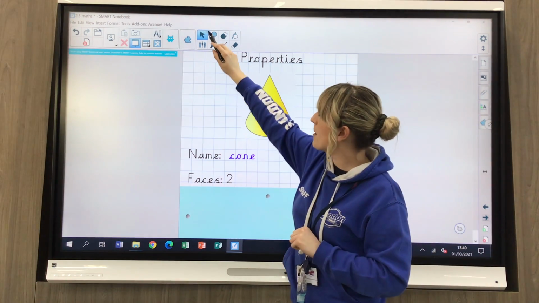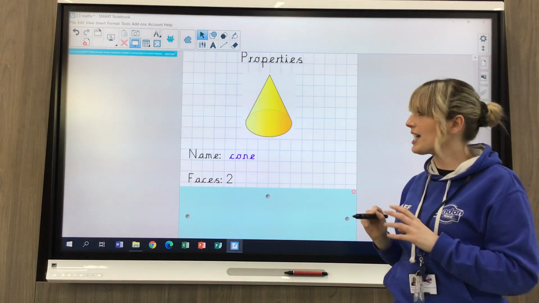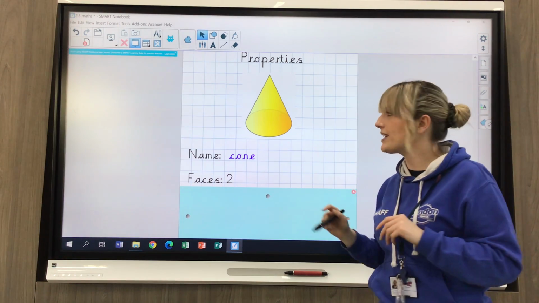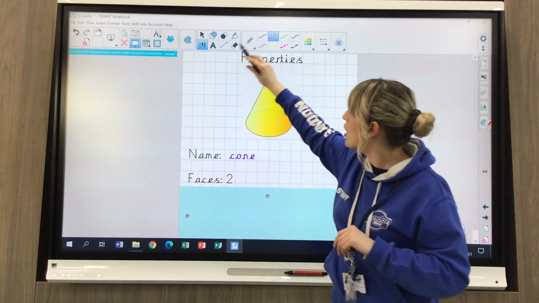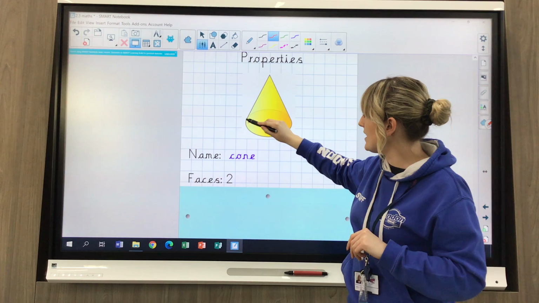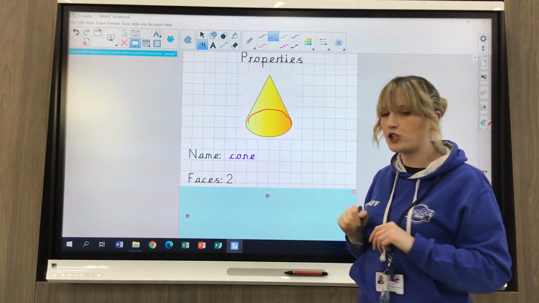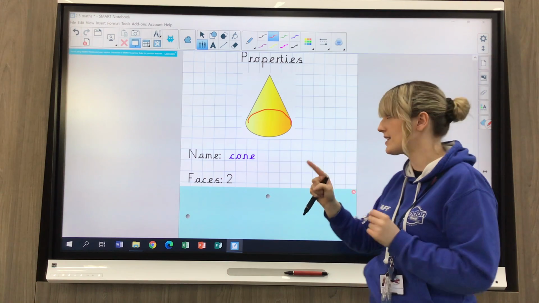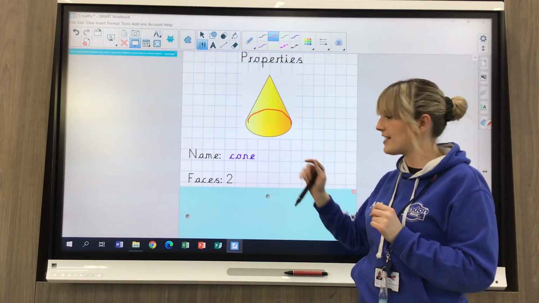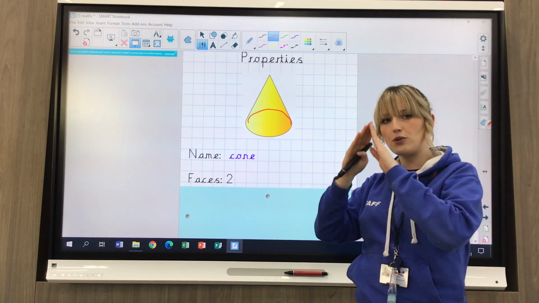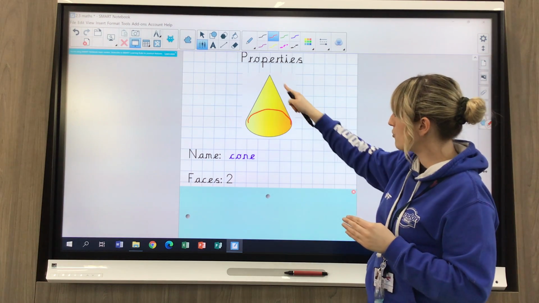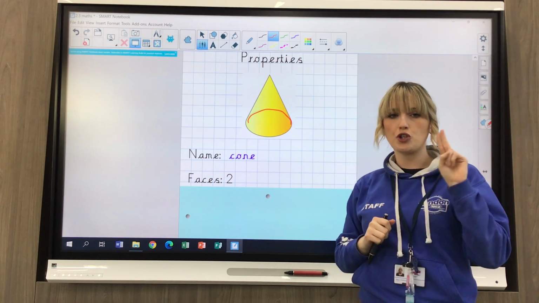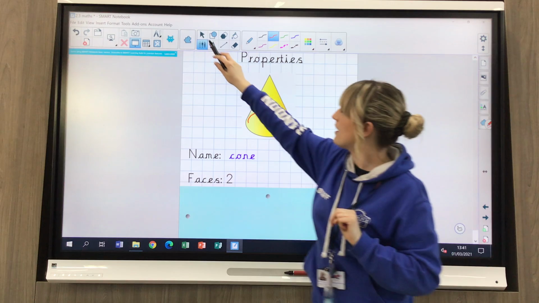So remember, faces are the 2D shapes that make the 3D shape. So we've got a circular face on the bottom, on the base of a cone. So it's got one circular face, and then its second face is the one that wraps all the way around to create the cone shape. So it's got 2 faces.